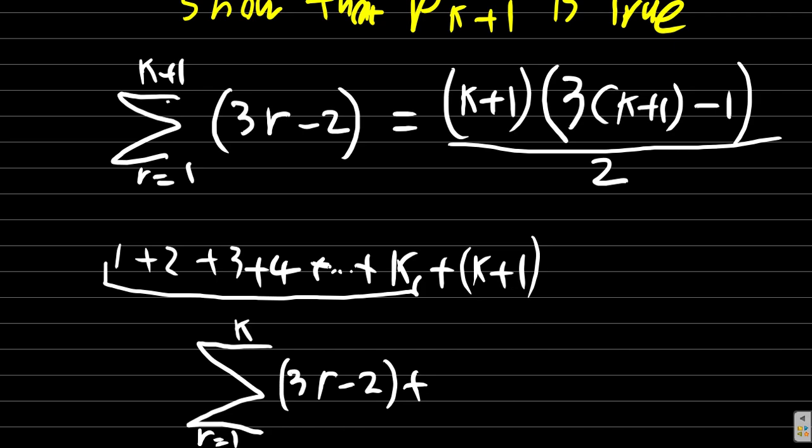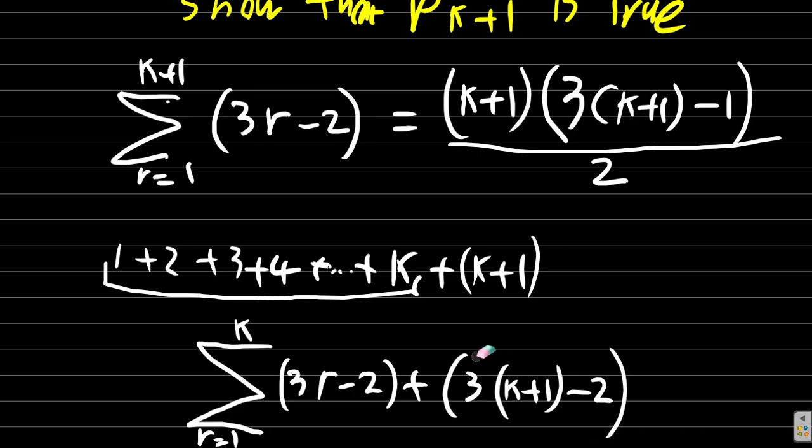Alright, let's see. In the first term, r was 1. In the second term, r was 2. In the third term, r was 3. In the fourth term, r was 4. In the kth term, r was k. So in the k plus 1th term, r is k plus 1. See that? So this is 3 times k plus 1 minus 2.